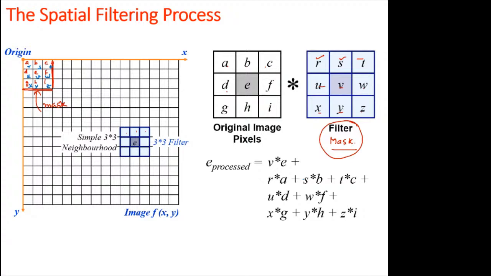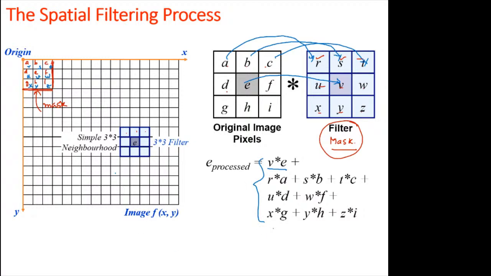You understand? V into E. The middle one gets multiplied by the middle one. This one gets multiplied by this, this one by this, like that. Just see this.